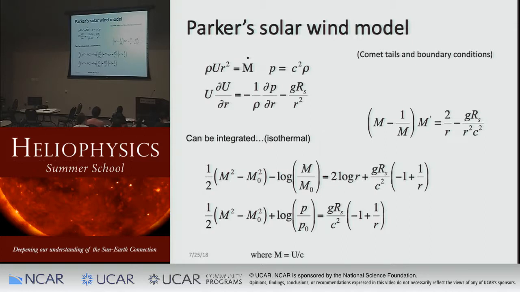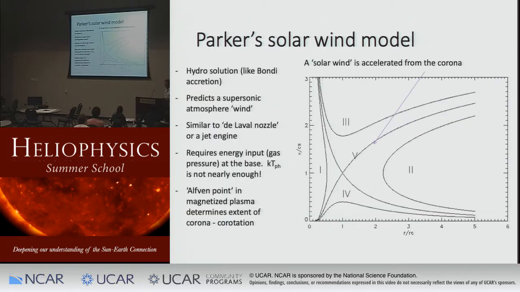And so he computed this nice model, which is basically just, you have conservation of mass, you have an equation of state, and then you have an equation of motion that's time steady. So the explicit time derivatives are 0, and you just have the convective derivative. And you can integrate this, if you assume it's isothermal, you can integrate it by hand or with Mathematica or something, and you get these nice solutions that Parker published in 1958, I think.